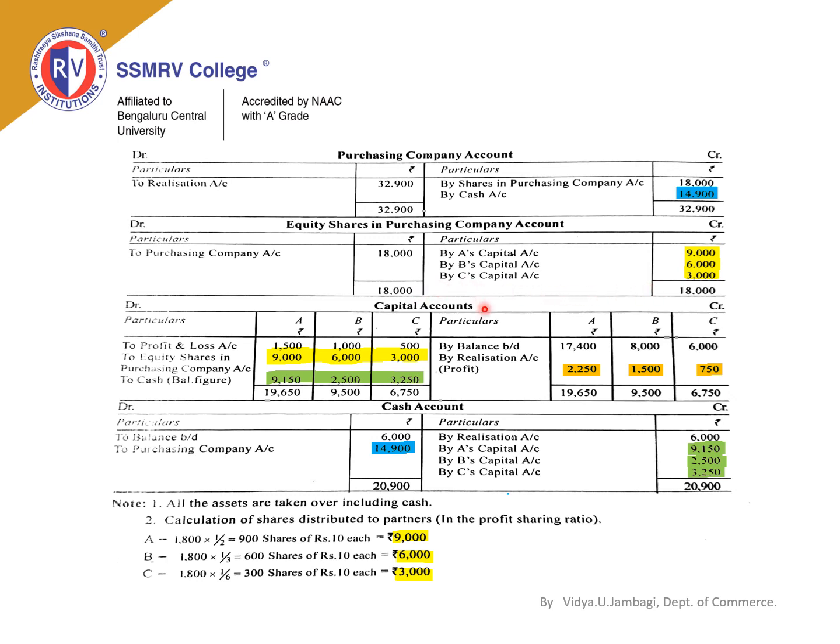The next account is the partner's capital account. In partner's capital account, we are going to transfer the capital balance of partners A, B and C. Then we transfer the profit on realization. Since it is profit, we transfer this on the credit side.